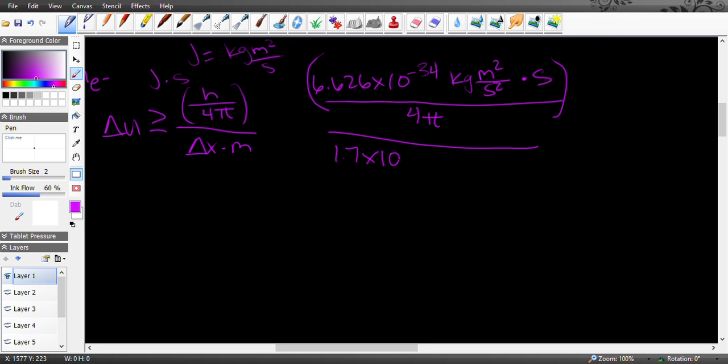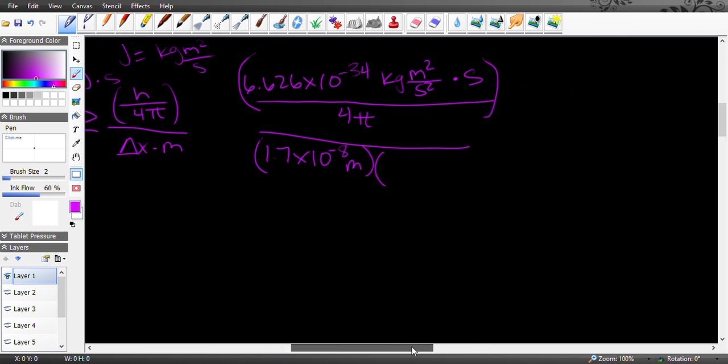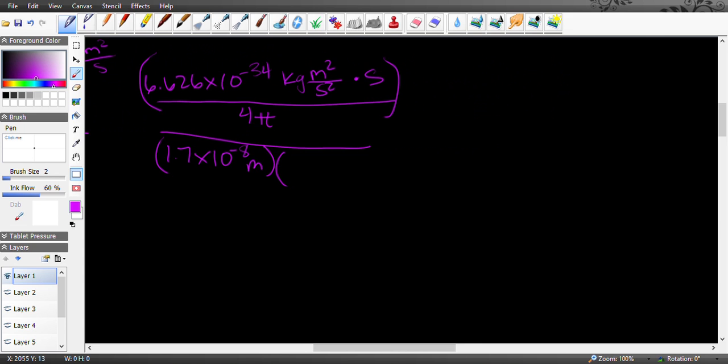1.7 times 10 to the negative 8 meters, and that's going to be times the mass, and the mass of an electron is actually in your potentially useful information. Let me write it over here to the side because we need to turn it into kilograms. It's in grams.